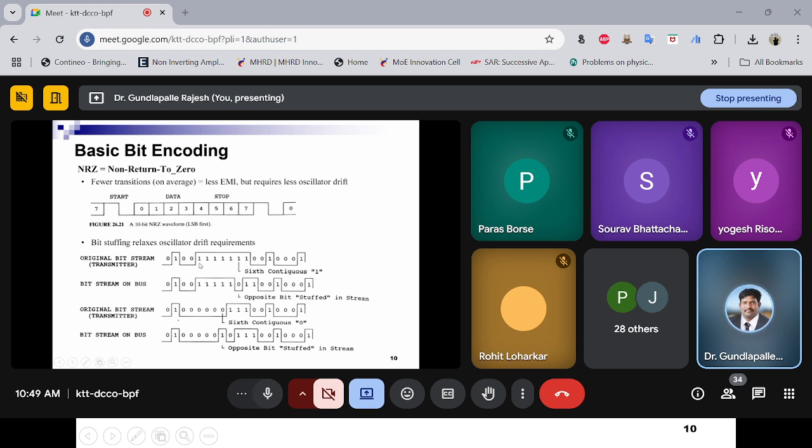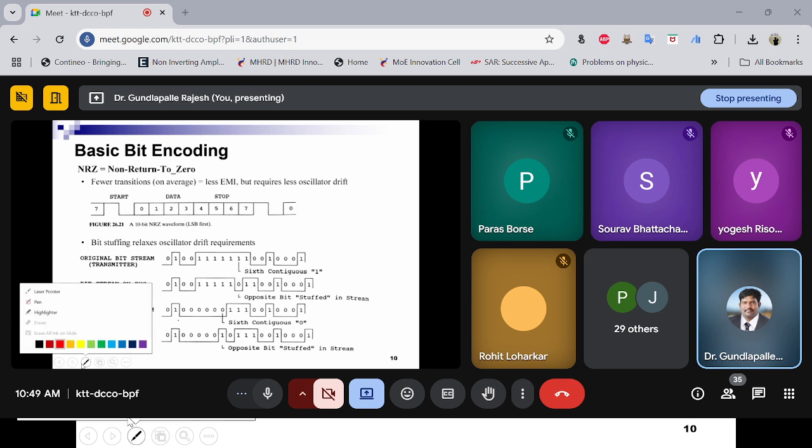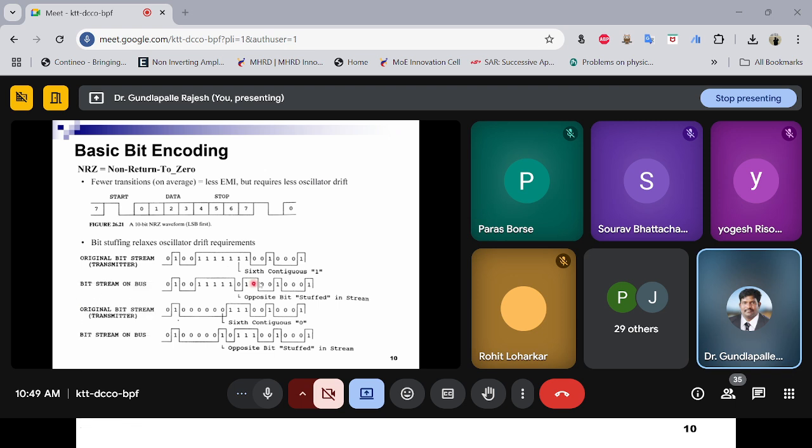If you see this bit string, we'll put a checkpoint: for every repetition of the bits, we are going to put an opposite bit. That is what is called bit stuffing. So this is non-return to zero stuffing. Here we have 6 bits, and the status of all 6 bits is one.